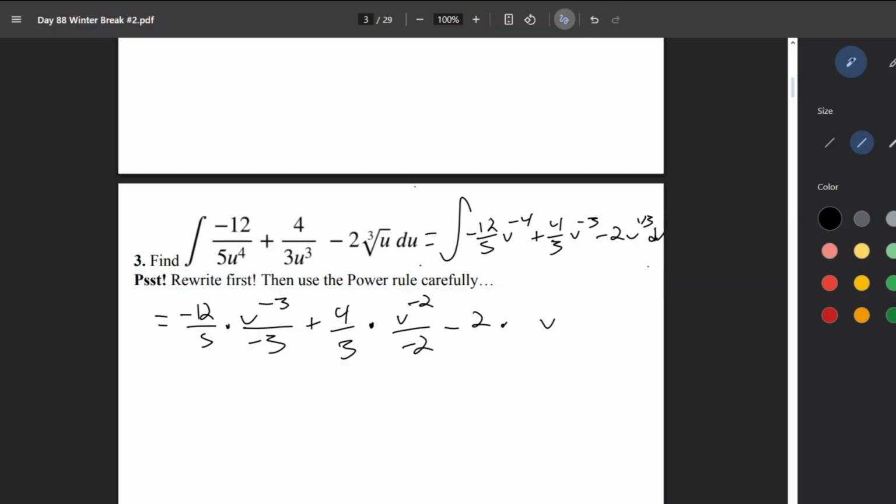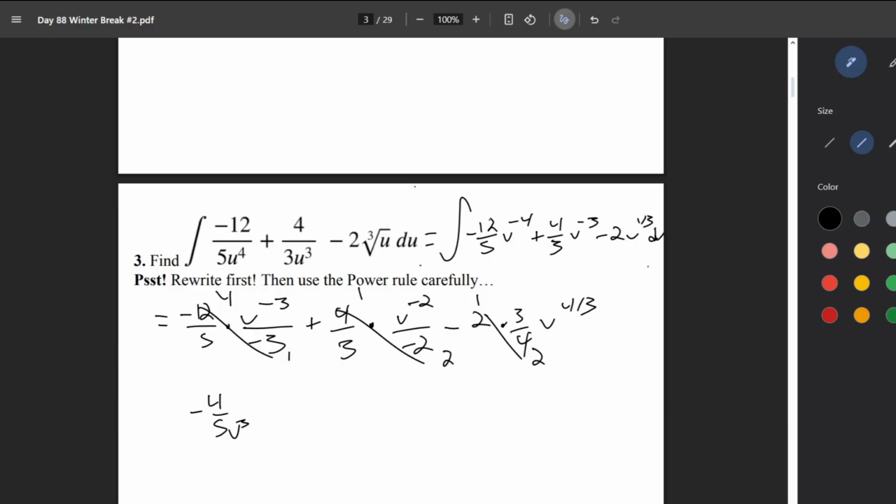So it'd be u to the 4 over 3, but then you divide by this, right? So it would just be multiplying by the reciprocal, since dividing is the same as multiplying by reciprocal. These cancel, this cancels, and this cancels. Is that right? Yeah, that's right. So it'd be negative 4 over 5. Be sure to have no negative exponents.